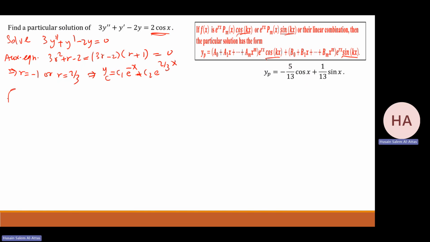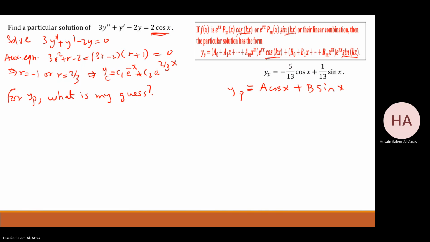Now for Yp, what is my guess? I will make Yp a cosine x. I need sine and cosine. So what is Yp prime? It's minus a sine x plus b cosine x.